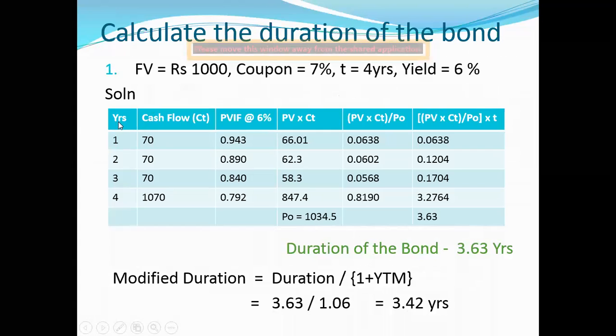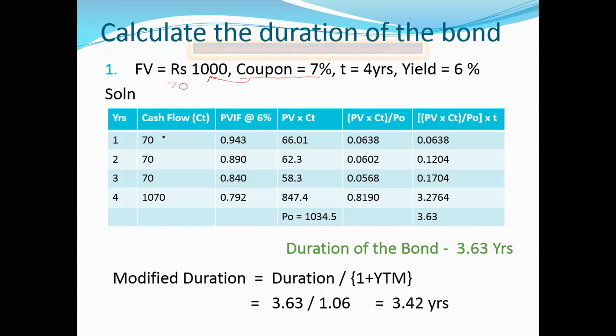I have a time of 4 years, so I note down 4 years. Cash flow is nothing but how much money you are going to receive every year. The coupon rate is 7%, and 7% of face value, 7% of 1000, works out to 70 rupees.